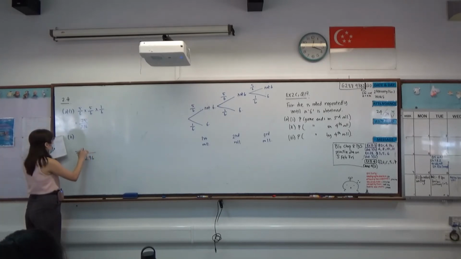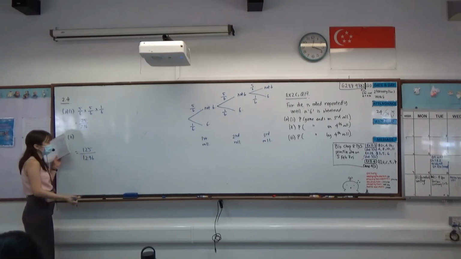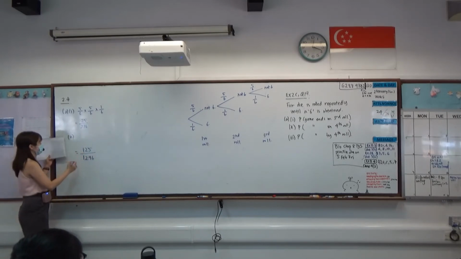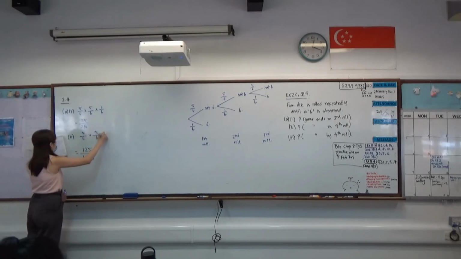How do you get that? I'm not talking about how do you get 1,296. How do you get this fraction here? 5/6 times 5/6 times 5/6 times 1/6. Yes.